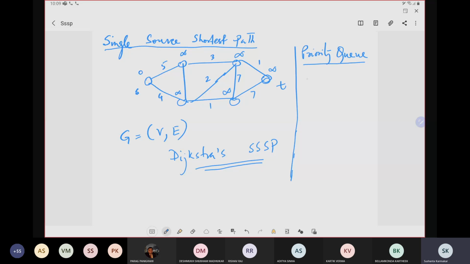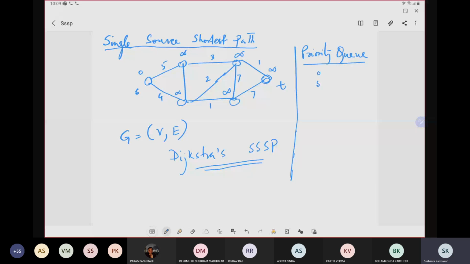So initially everything is unvisited. What I do is make S visited and put it in the priority queue. So initially the element S is in the priority queue and the priority value is 0.